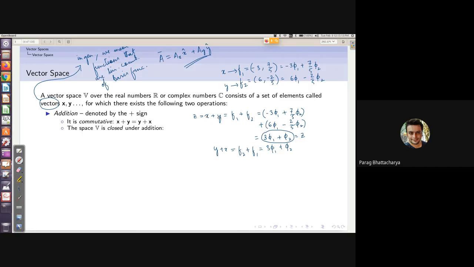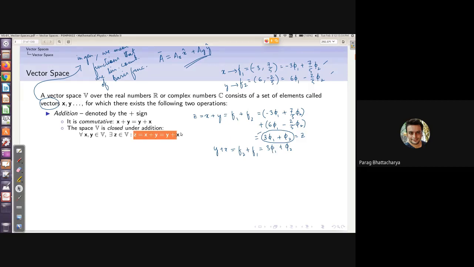Is that clear? x and y are two members of the vector space. This is one member, this is another member, and I added them together and I get this. This is also a member of the vector space. So adding two vectors gives us another vector in the same vector space. This is the meaning of closed under addition. Formally, this is what you write: for all x, y belonging to the vector space, there exists z in the vector space such that z equals x plus y equals y plus x.